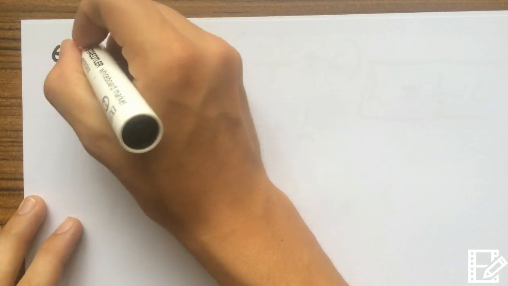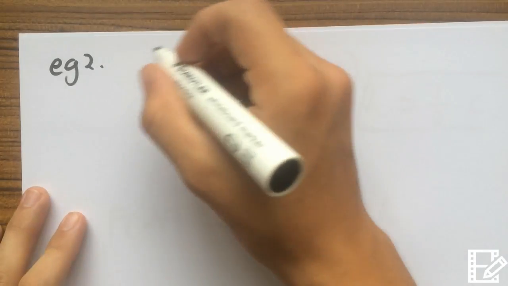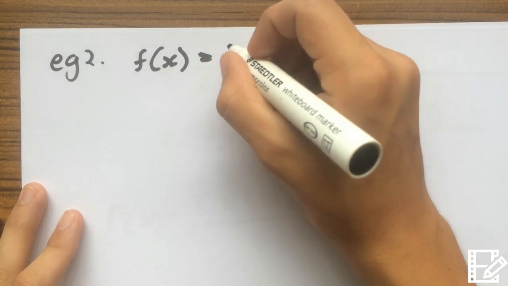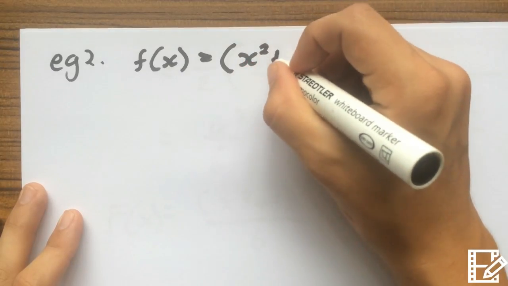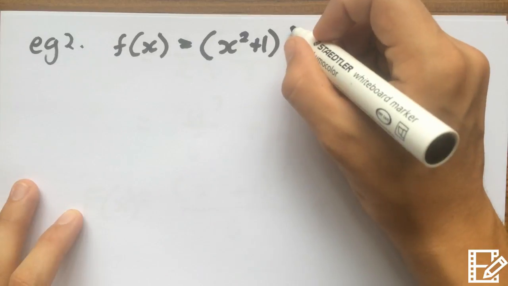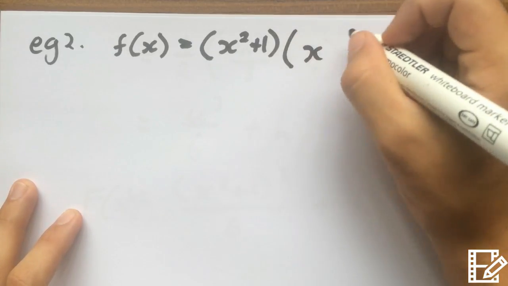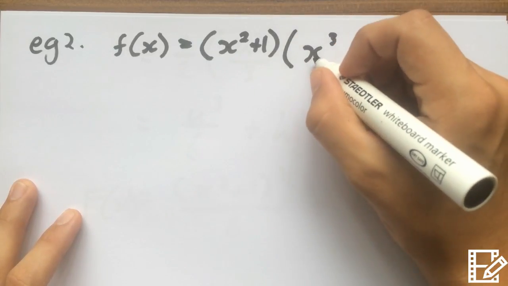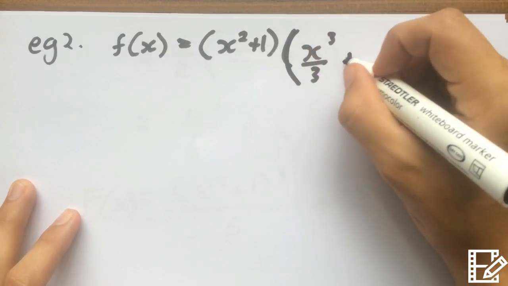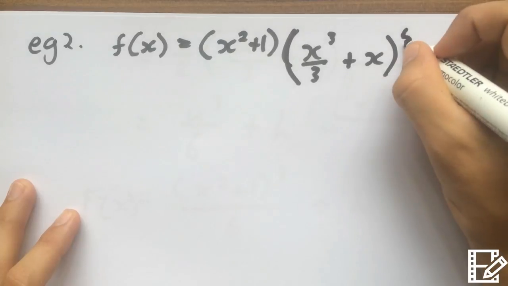So we have example 2. Let's say this one, function f of x equals x squared plus 1, bracket, multiplied by x to the power of 3 on 3 plus x to the power of 5.